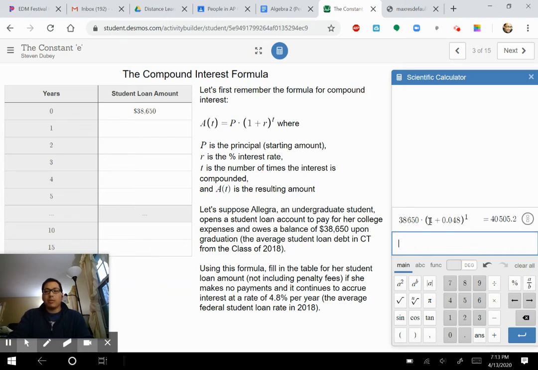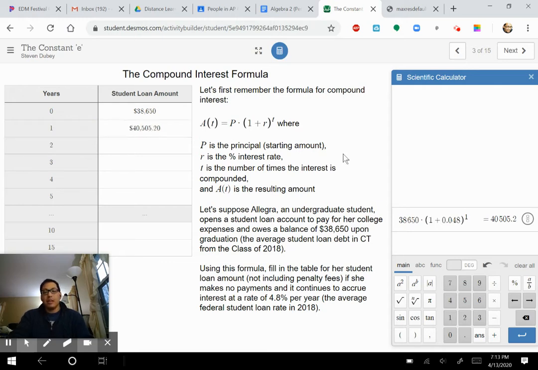So in the past, we might have just written this as 1.048, but this is clearly indicating that it's an increase of 4.8%. So she will owe, after 1 year, $40,505.20.